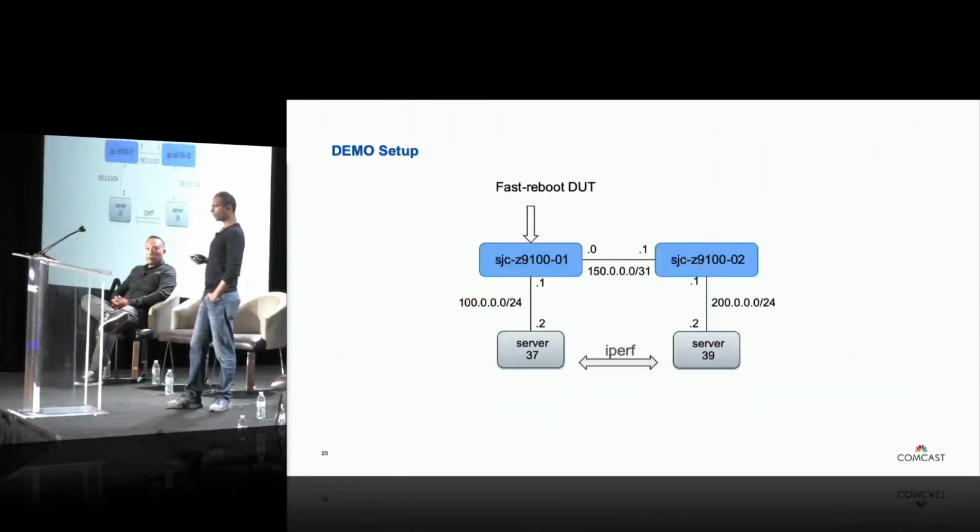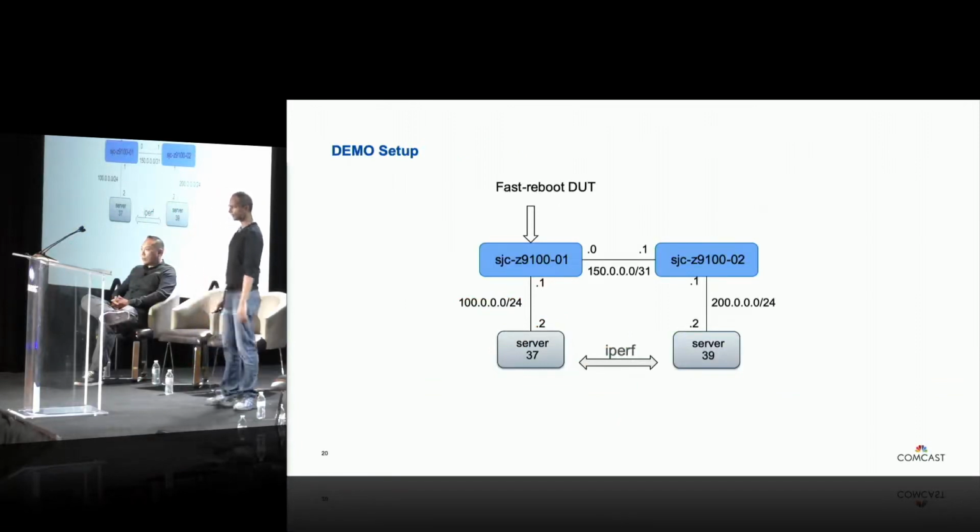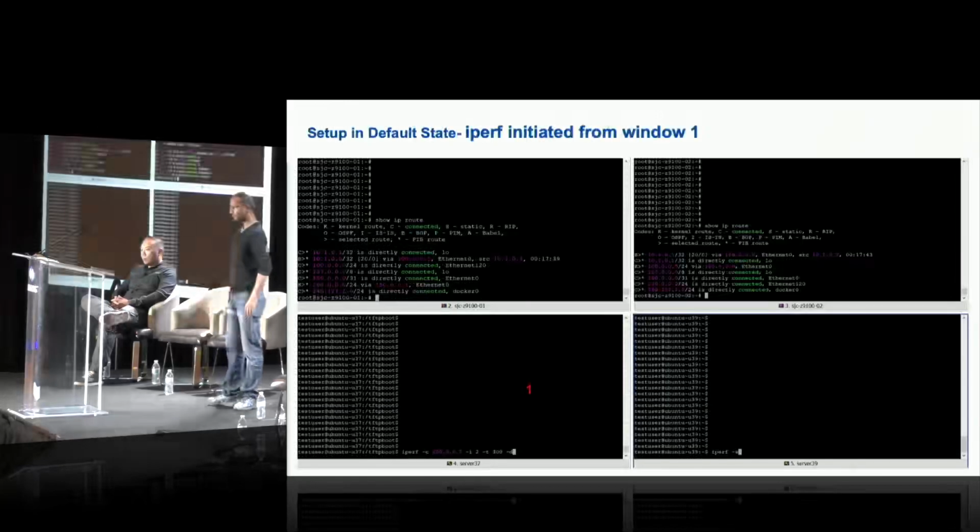Here's the setup. On the top, we have two boxes running SONiC, and at the bottom, server 37 and 39 running iPerf. The top two windows here are showing those two switches in steady state, and the window marked 1 showing iPerf turning on.